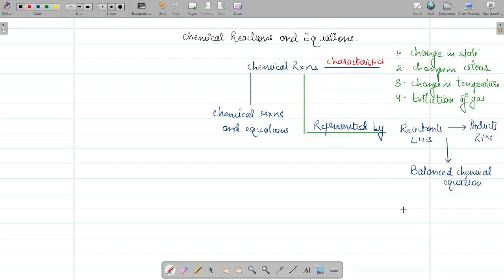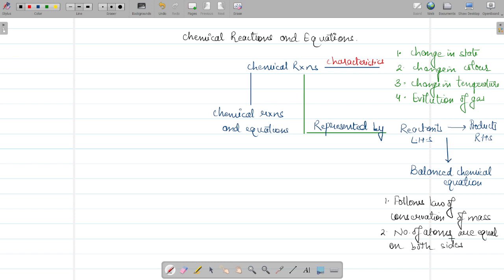The very first thing, it follows the law of conservation of mass. The second thing is the number of atoms are equal on both sides. And this is only the law of conservation of mass.